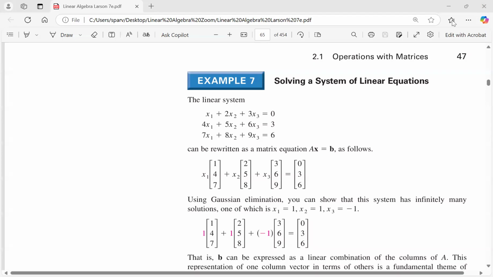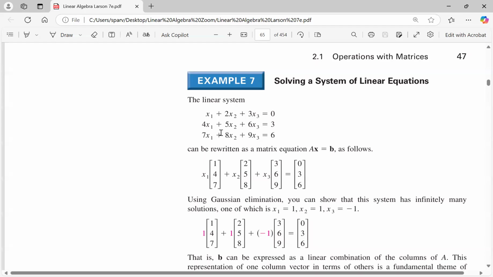So let me go to the book, and that's the one I'm sharing, and check out this example 7. What I'm showing here is this last thing that we did, the consistency theorem, that said a system is consistent if it can be written as a linear combination of column vectors and the vector of unknowns, the x1, x2, and so forth.